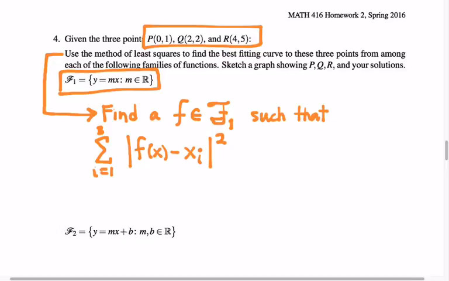And the fact that we're calling it least squares means that what we're trying to do is find, as you did with the Mathematica applet on Monday, the smallest possible value of that error. So what we want is to find the minimum value of this from among all the functions in our space of functions that we're working with.